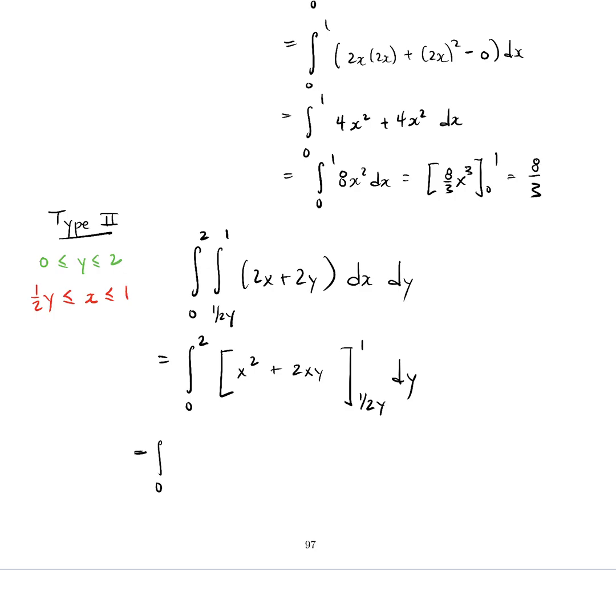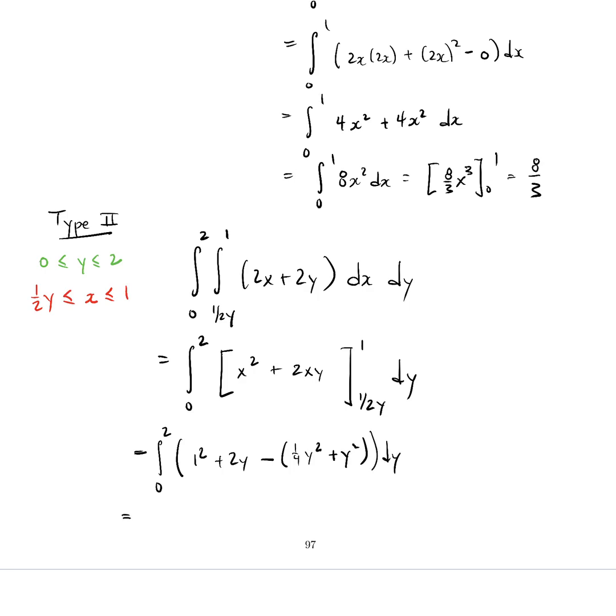So the integral from 0 to 2 of 1 squared plus 2y minus, and then I plug in 1/2 y, so I'm going to get 1/4 y squared plus, and 1/2 times 2, they cancel, y goes in for x, so y plus y squared. And that is going to be dy.